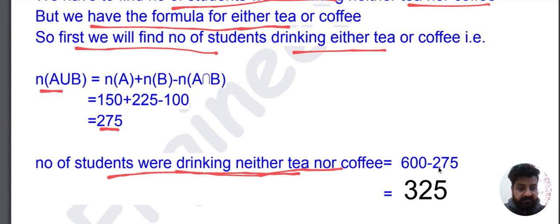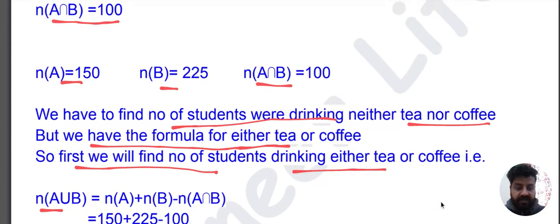We will subtract the number of students who consume either tea or coffee from the universal set. And this is the value of students who drink neither tea nor coffee. So you can expect this kind of question. This is a very good question.